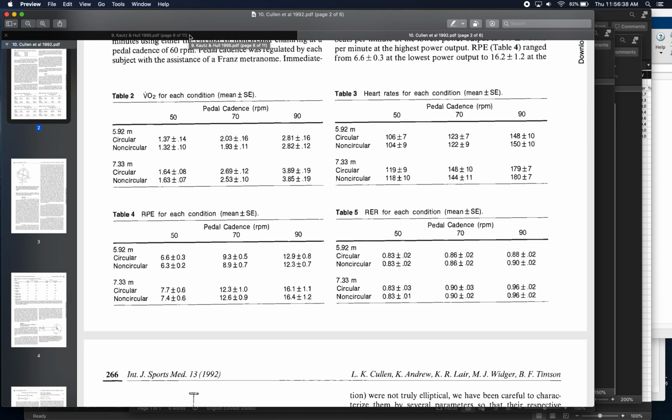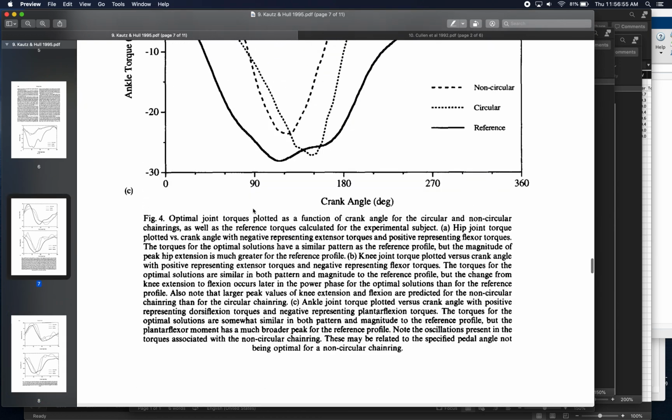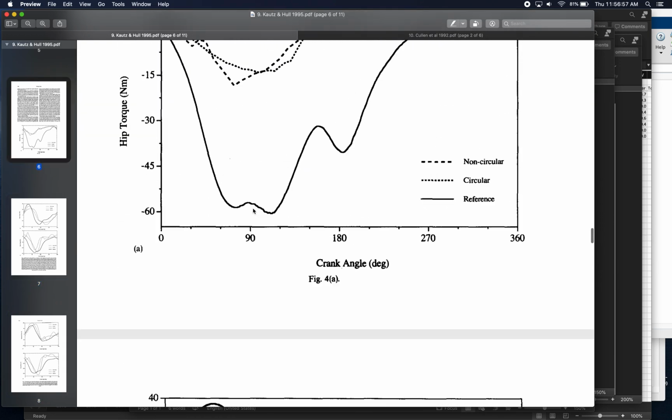Another factor that could be a big one here is that despite all that stuff I talked about early on in my video about the muscle properties, the force-length and force-velocity relationship, and how that has a big effect on how much force and power muscles can produce at certain places in the pedaling cycle, none of that was actually included in the optimization here.